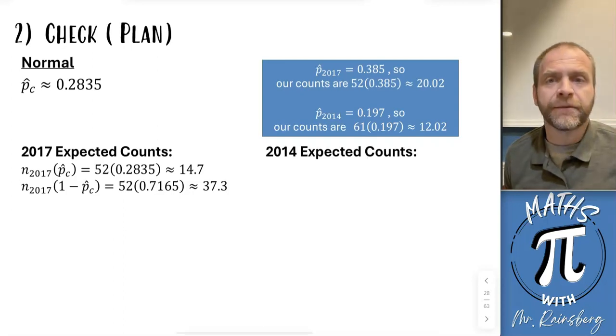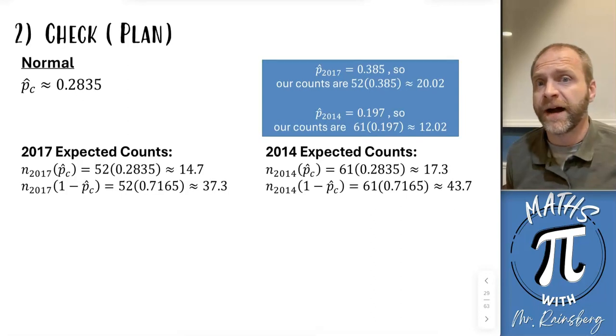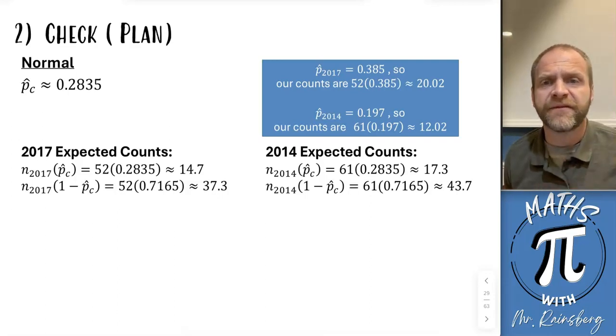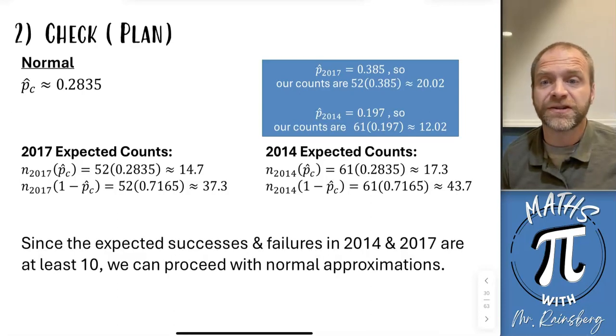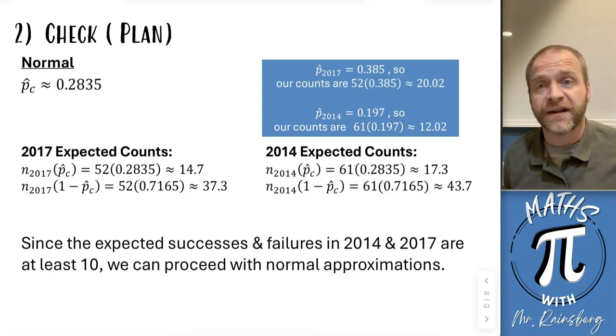I do the same thing for 2014: take the combined proportion 0.2835, multiply by 61, and take its complement, the failures, and multiply by 61, giving 17.3 and 43.7. The good news is those are both larger than 10. I have a large enough expected number of successes and failures to proceed with normal approximations. So there's my check step.